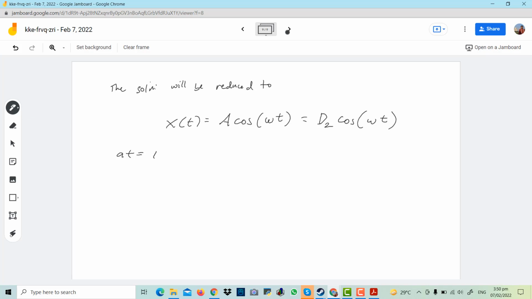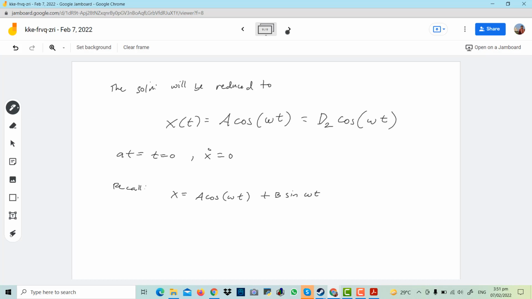At time equals 0, your x dot is equal to 0. Now, if you derive this equation, recall that x is equal to a cosine omega t plus b sine omega t.